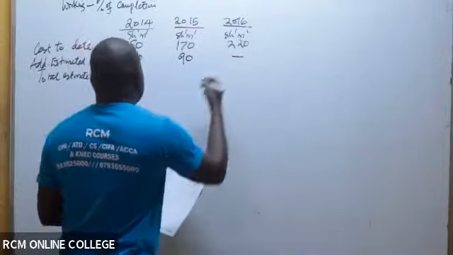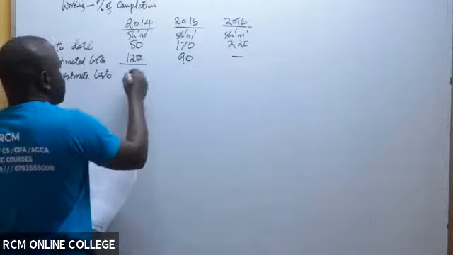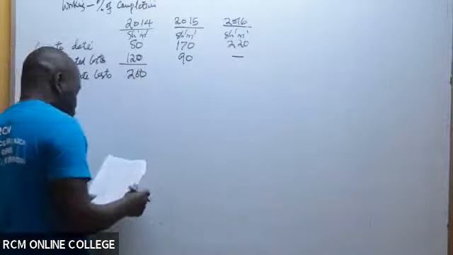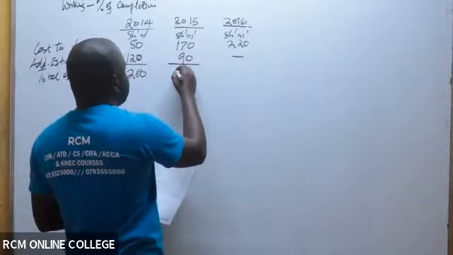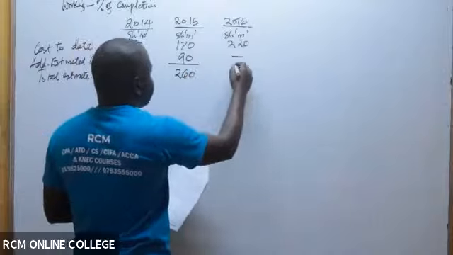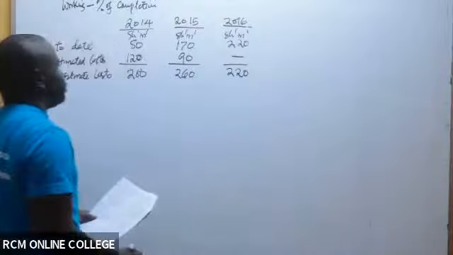For this particular year, we don't have any. So when you add the two, this one becomes 200 million, this one becomes 260 million, and this one becomes 220 million.